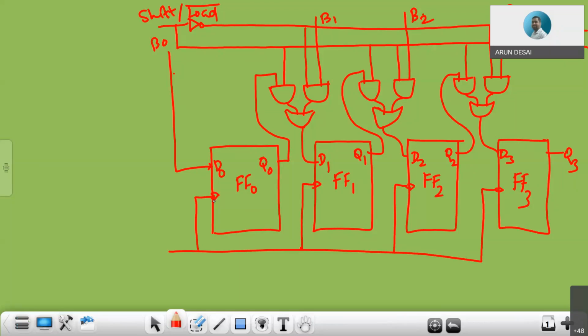Now, what will happen in load mode? If load is 0, then this line is active. Then whatever data is connected to this, if suppose 1 1 1 1 is the data on those input lines, it should directly be passed to those flip-flops. What if I want to shift?